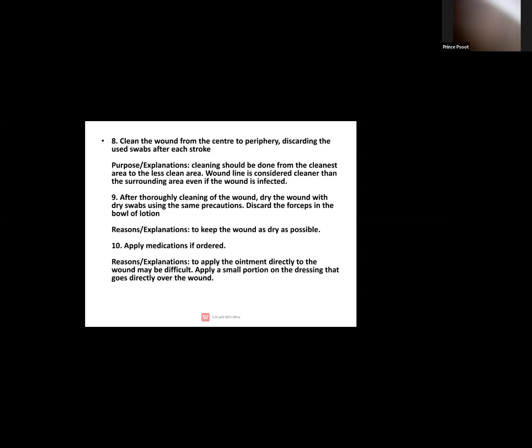The purpose is to ensure that the cleaning is being done from the cleanest area to the less clean area. The wound line is considered cleaner than the surrounding area of the wound, even if the wound is infected.